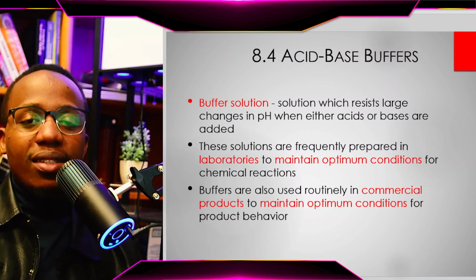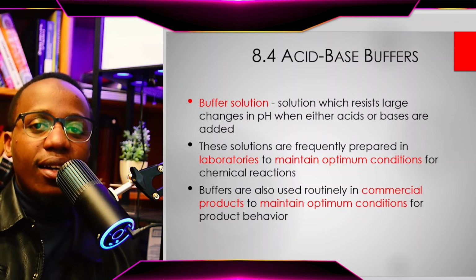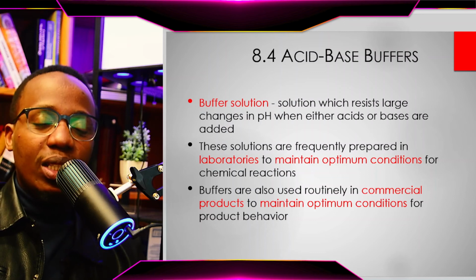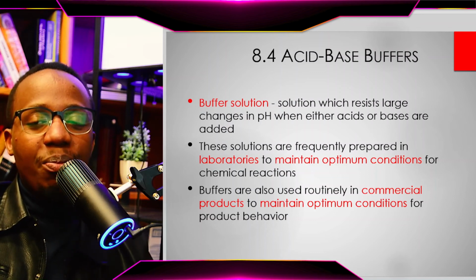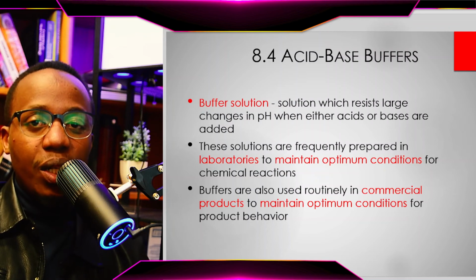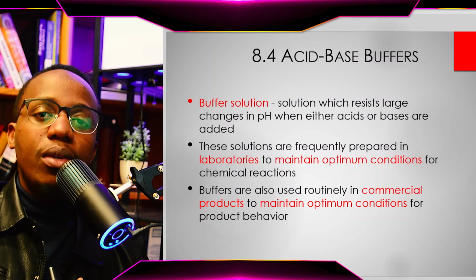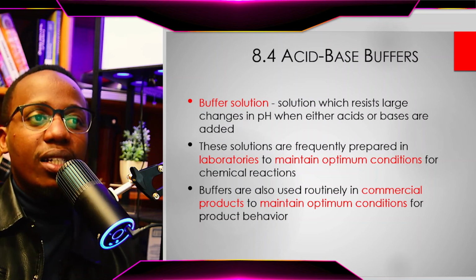It resists changes in pH as much as it can. And these buffers are really important in the lab and in the body, because think about it. If you eat something that has high acid, it can change the pH of your blood very, very quickly. But your blood has a buffer system that will resist the changes in pH, right?